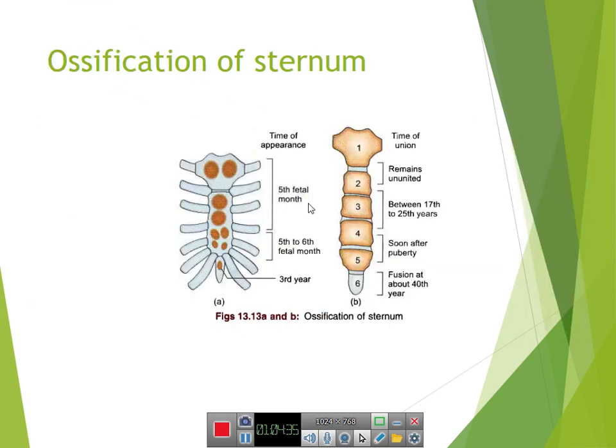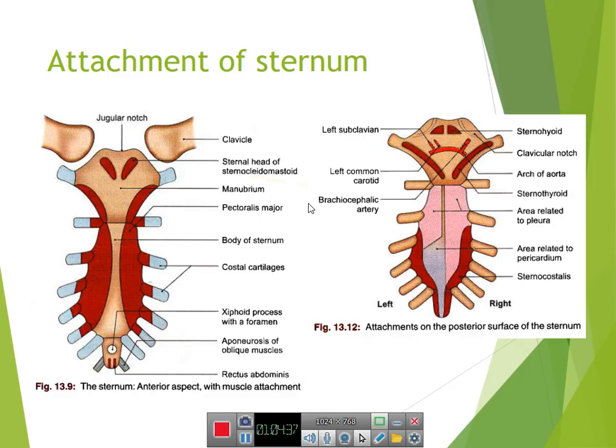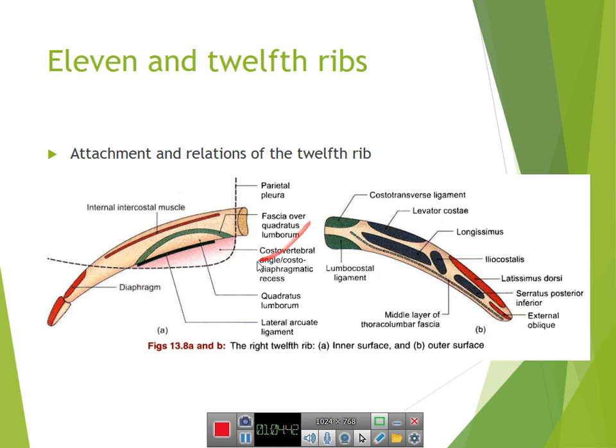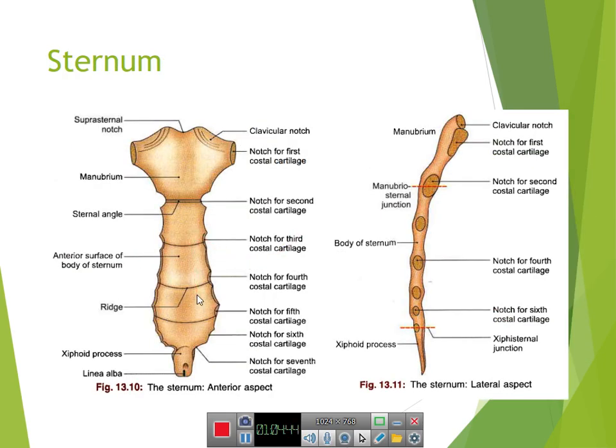Another part of the sternum is the body of the sternum. The body is longer, narrower, and thinner than the manubrium. It is widest close to its lower end, opposite the articulation with the fifth costal cartilage.